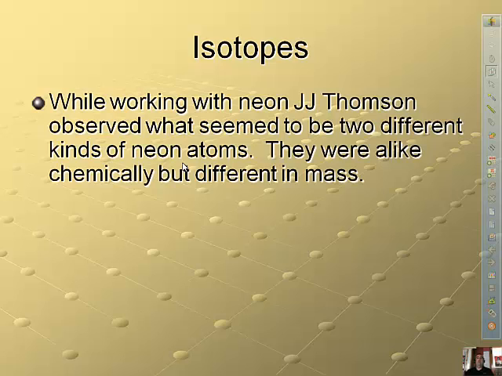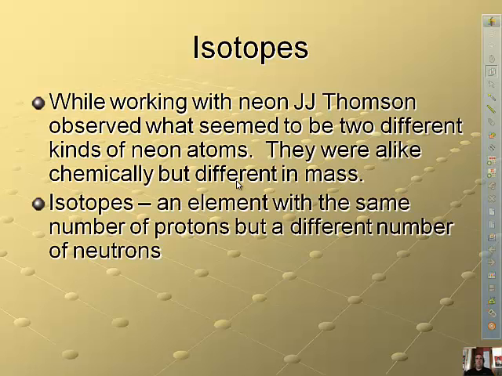Remember, one of John Dalton's statements was that all atoms of the same element are alike. J.J. Thomson knew that, but while working with neon, there were different masses in the nucleus of those atoms. Today this is called an isotope.